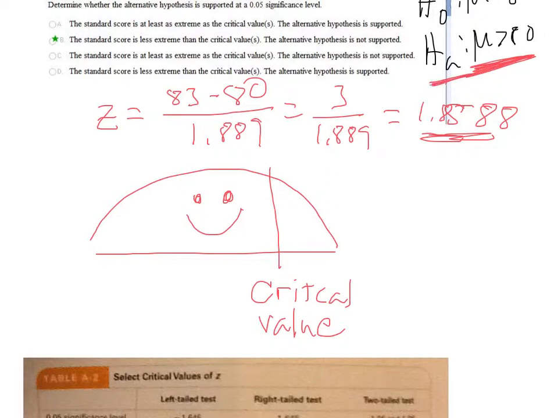Anything less than the critical value makes H0 happy, because it can't be rejected. As soon as you get past that critical value, that's not a good place for H0. If the sample result is that far away from the middle, then the middle must not be true, and we're going to reject it.